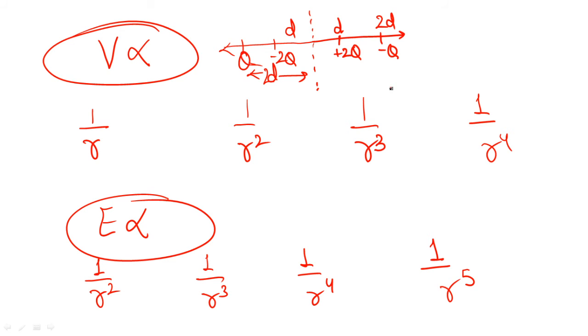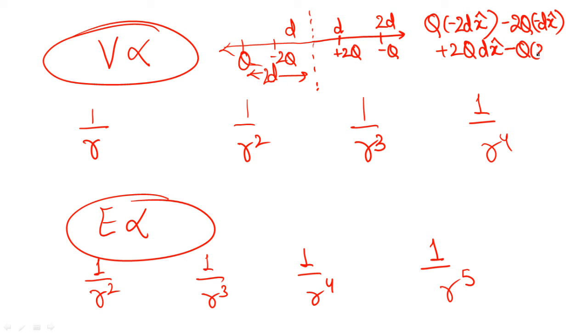Now when you consider the monopole condition, the sum of all the charges will be 0, so it is not a monopole. But let's talk about the dipole. Q into minus 2D x cap, minus 2Q into D x cap, you can put a negative sign for minus Q here, then plus 2Q into D x cap, minus Q into 2D x cap.